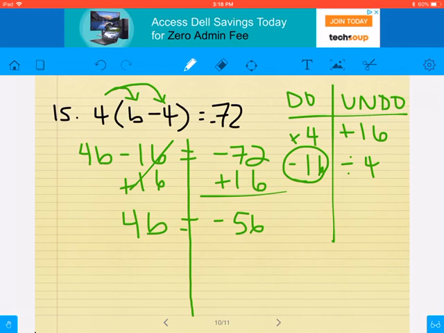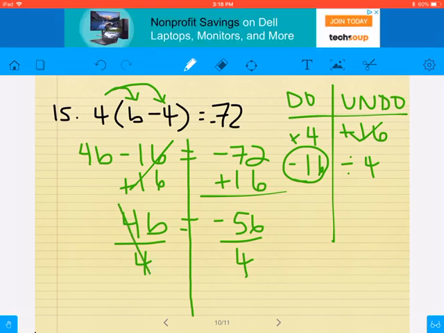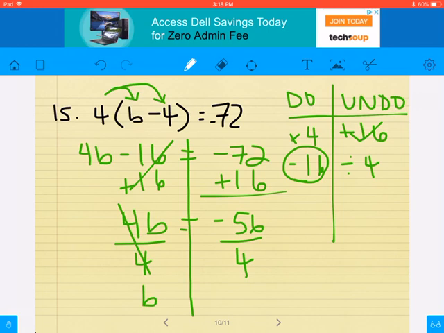All right, so we've just undid by adding 16 to both sides. So now let's do this divide by 4. On both sides of our equation, we are going to divide by 4. 4 divided by 4 over here is going to give us 1, and 1 times b is just b. So we got b over here, and I know my b's look like 6's.